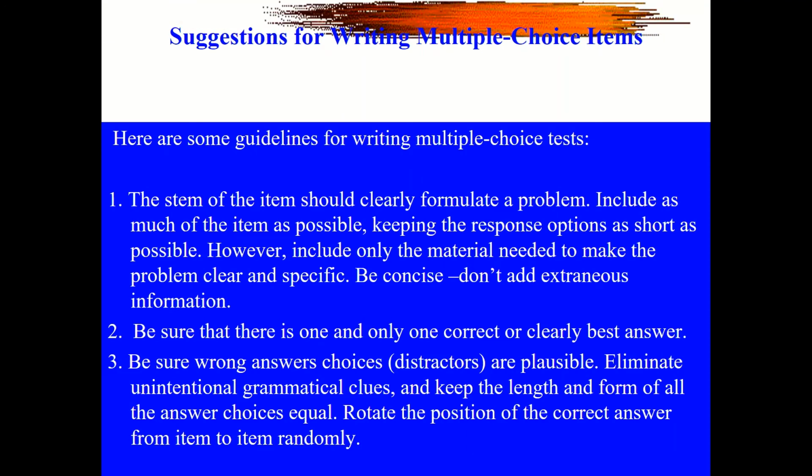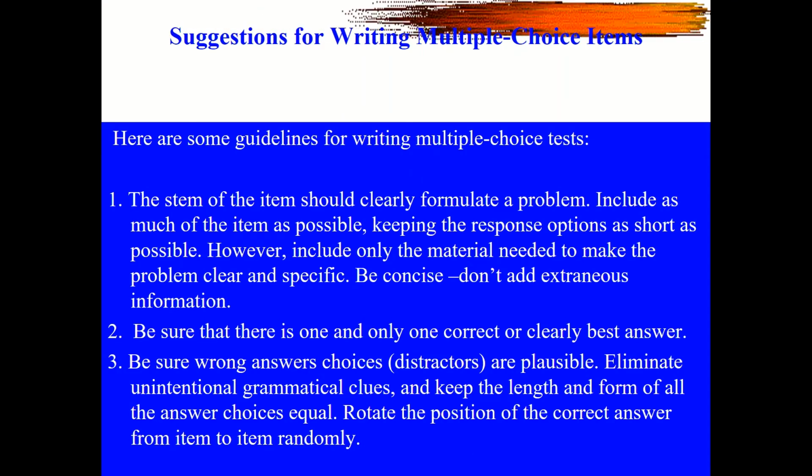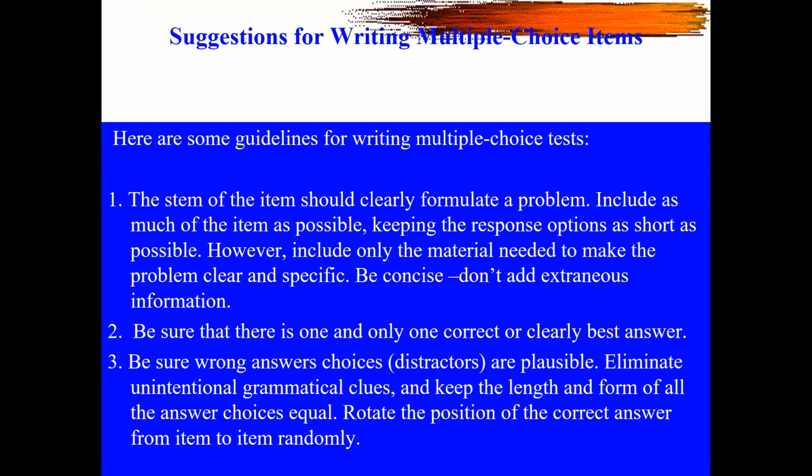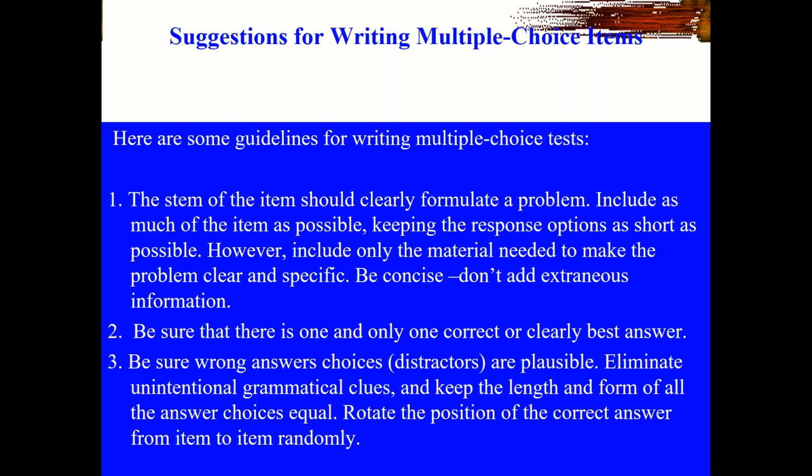Okay, be sure that there is only one correct answer or clearly best answer. Make sure wrong answers are plausible. So one way is to eliminate grammatical clues or verbal clues. Keep the length and form of all the answer choices equal.